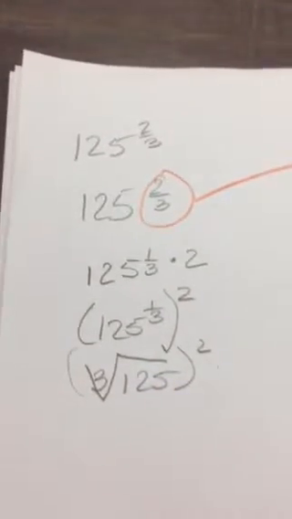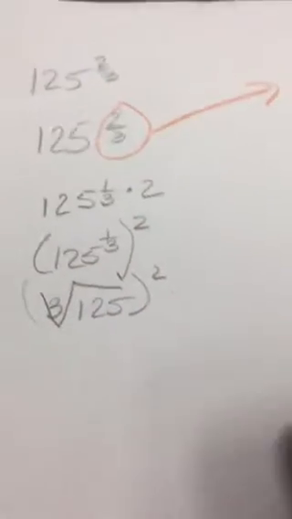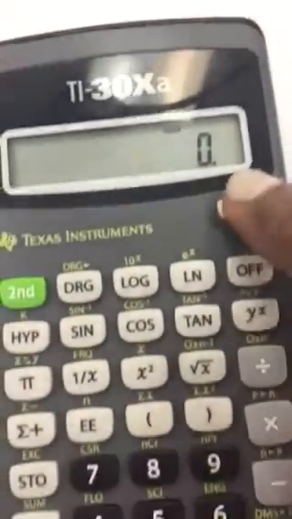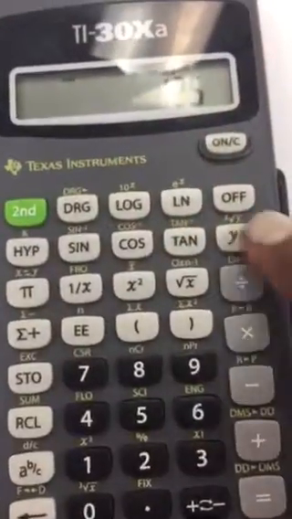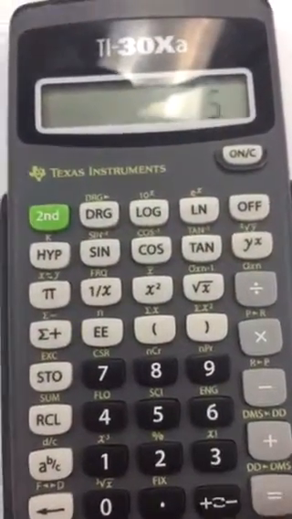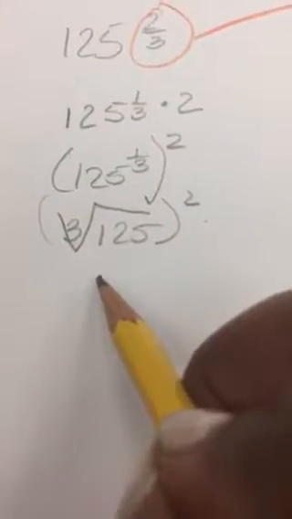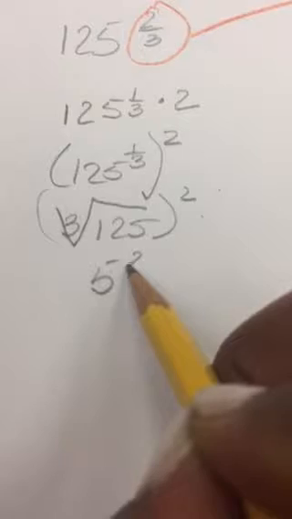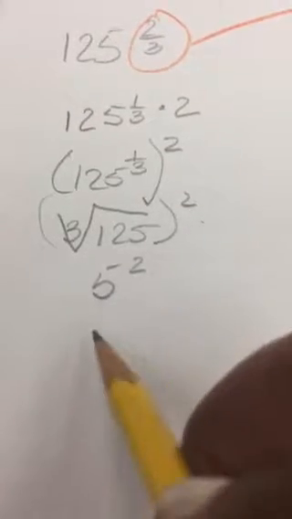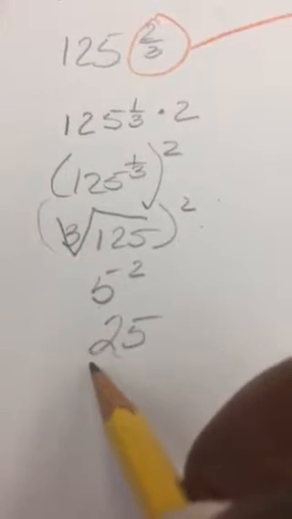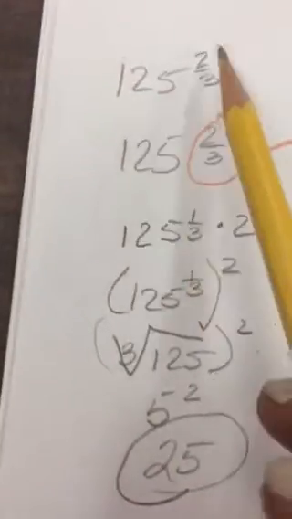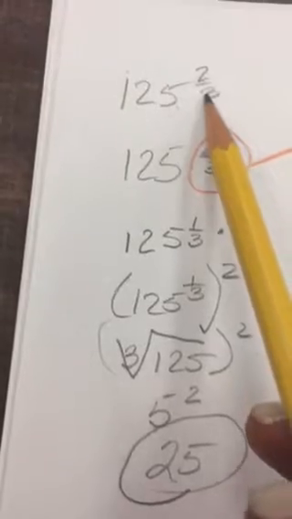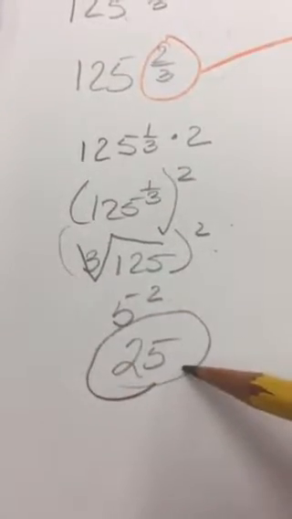Don't forget the 2. The calculator tells us that the cube root of 125 is 5. So in the parentheses we have a 5. And don't forget to put your square back. 5 squared is 25. So the answer to our initial problem, 125 to the 2/3 power, is simply 25.